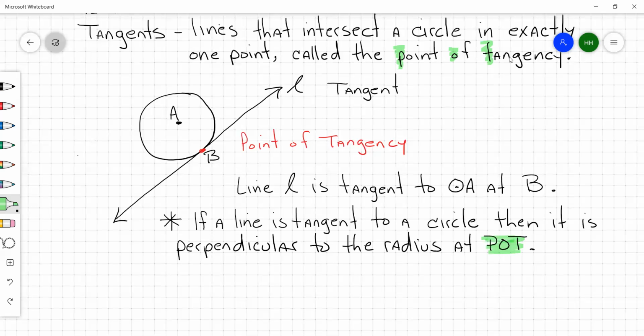And what this theorem says is that if a line is tangent to a circle, then it is perpendicular to the radius at the point of tangency. So if we take the radius and connect A and B right here, since B was our point of tangency, these two are perpendicular to one another.